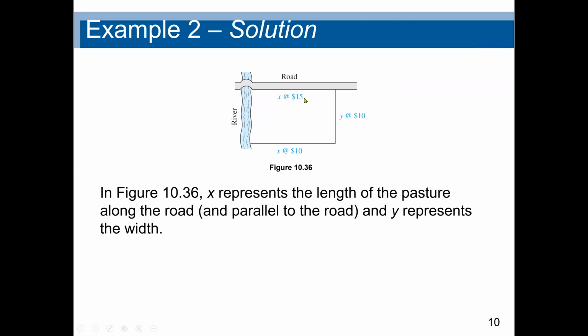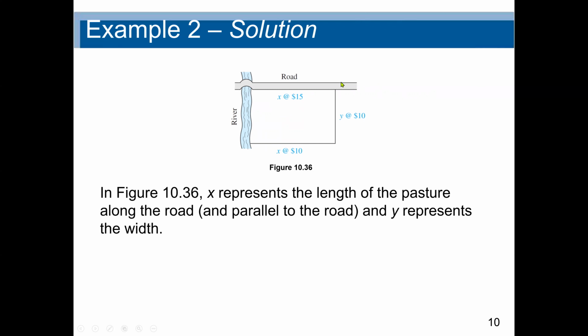That's why we have 15x. x is the measurement in feet, but 15 is per foot, so it's 15x. If the measurement is only 2 feet, then it will be 15 times 2. The same thing applies to y. y is again the number of feet, and here also x is the number of feet. They are perpendicular, parallel here. The x and x are parallel, y is perpendicular to them.